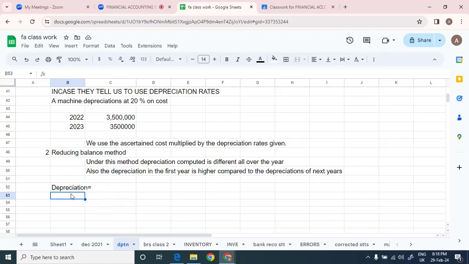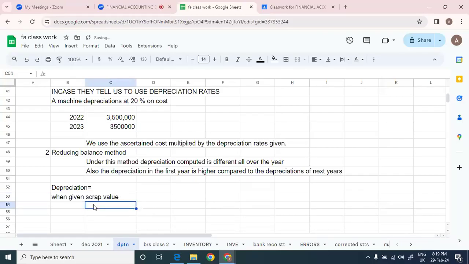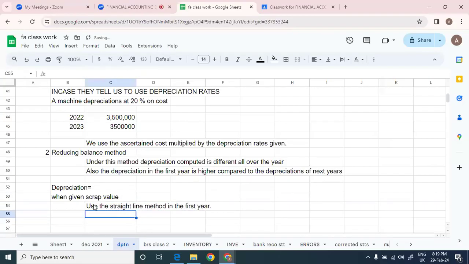Let's put here, depreciation when given scrap value: use the straight line method in the first year. That is our note number 1.